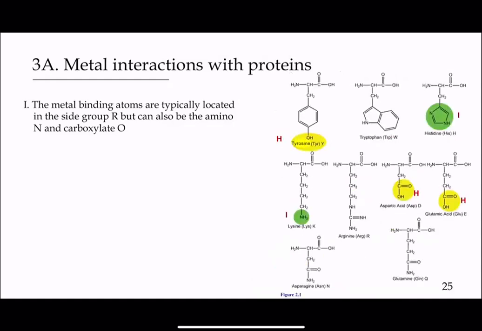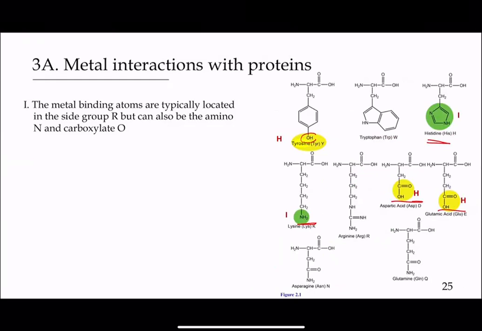Over here we have the tyrosine that has metal binding capability, with the OH group. We have a histidine. We have lysine, which has an amino group there. The carboxylate containing group, aspartic acid, and glutamic acid. Okay, so all these have metal binding capability on top of the amino groups from all the amino acids and the carboxylic acids in all the groups and all the amino acids.